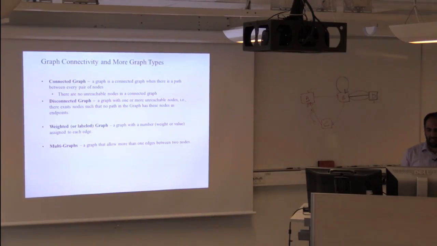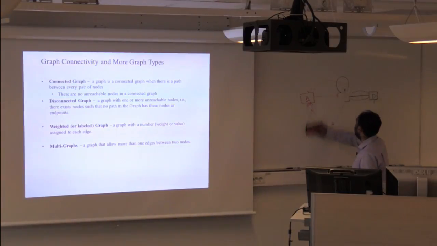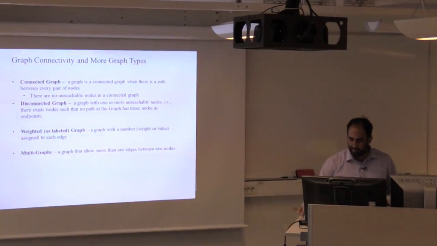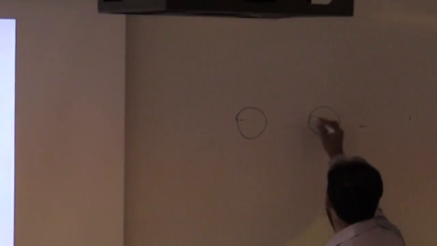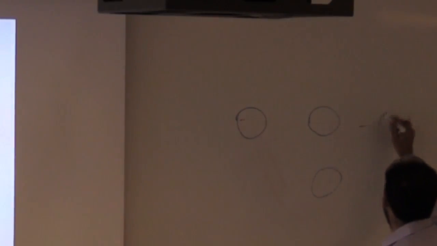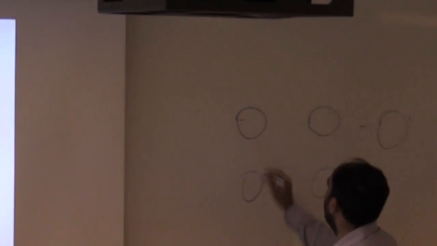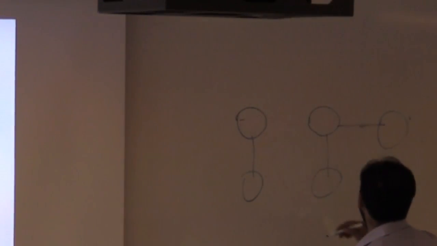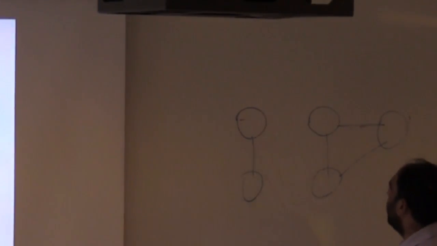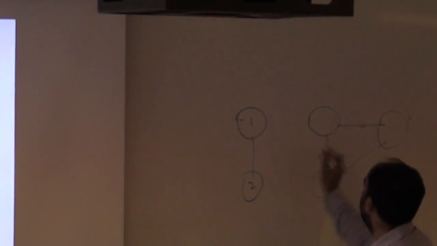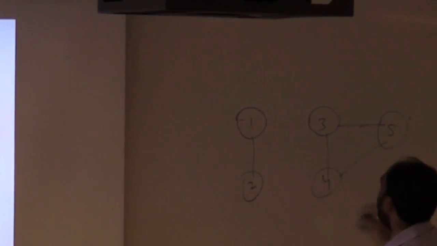So let's look at an example: nodes 1, 2, 3, 4, and 5.